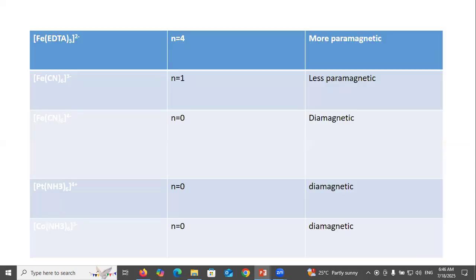For example, with EDTA, n equal to 4, more paramagnetic; n equal to 1, less paramagnetic; 0, diamagnetic; 0, diamagnetic.